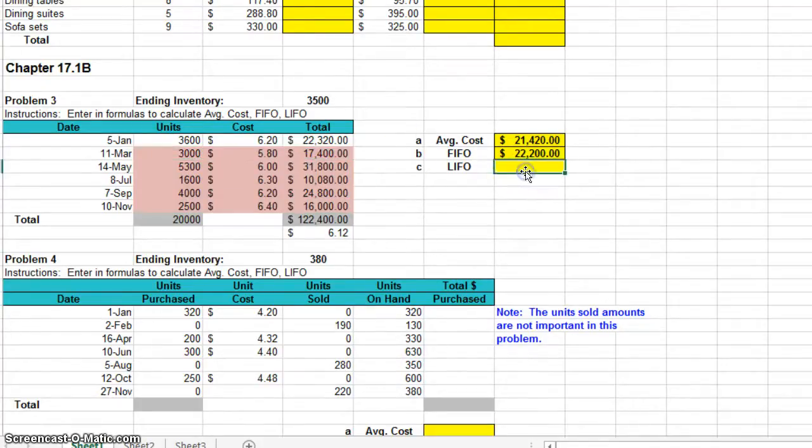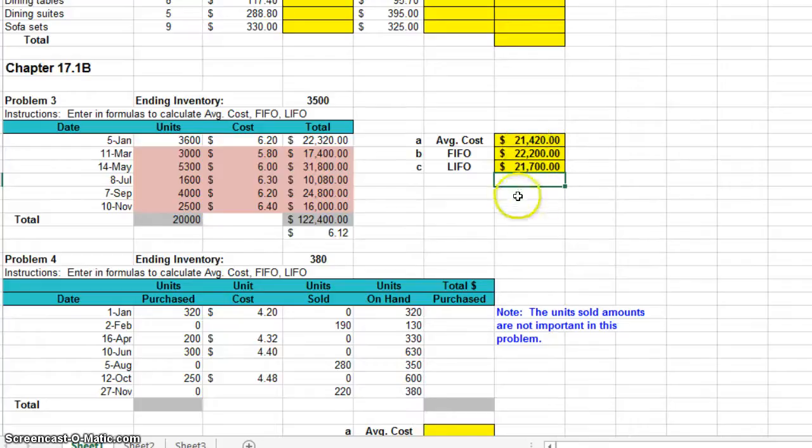And I'm looking to price out 3,500 items, and I see that there were 3,600 items that were bought on the 5th of January. So I can take the entire 3,500 items that are left in the inventory and multiply them times the $6.20. Press enter, and now we have all three of these methods that we have done an inventory amount with.